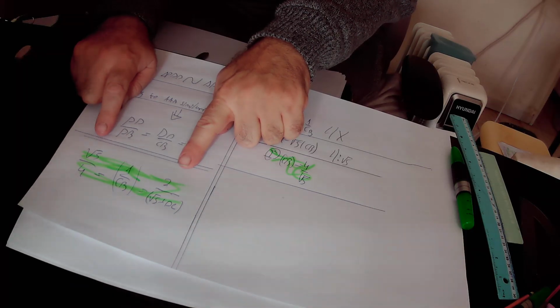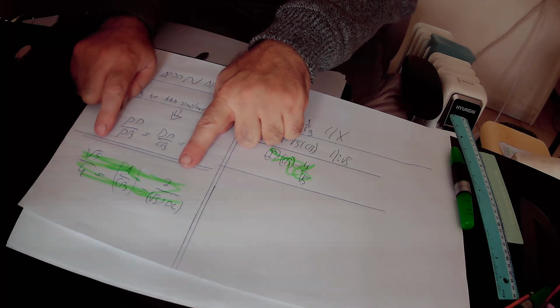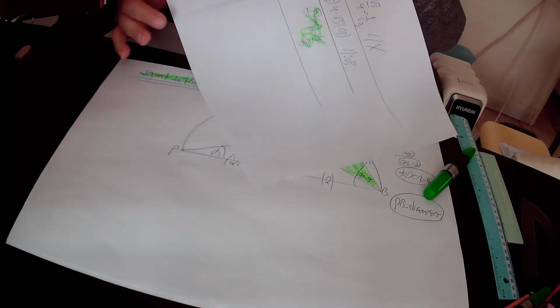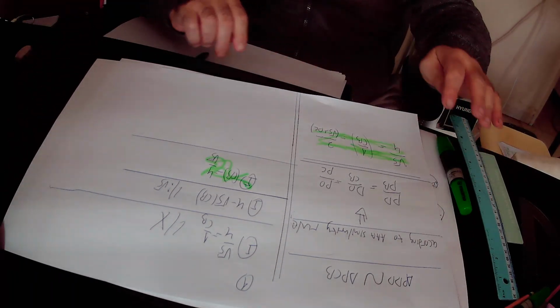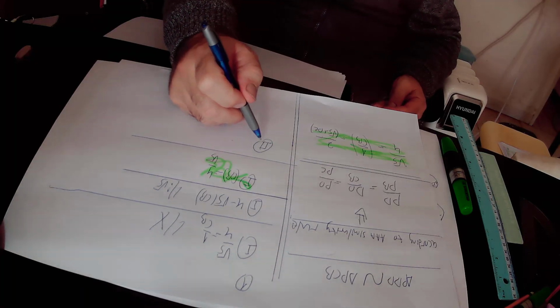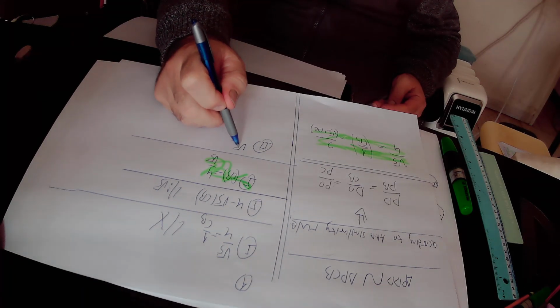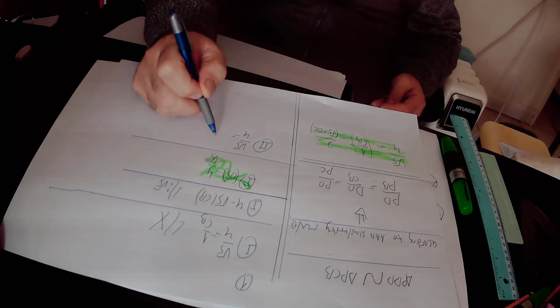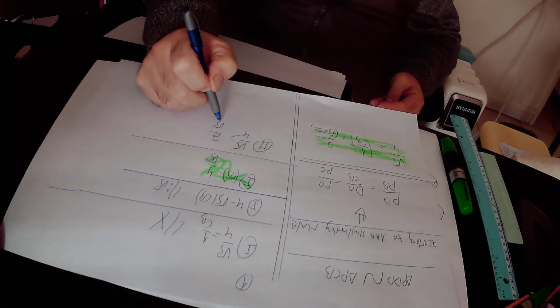According to equation 2, we get that square root of 5 over 4 equals 2 over square root of 5 plus DC.